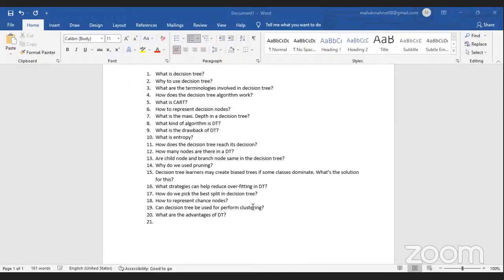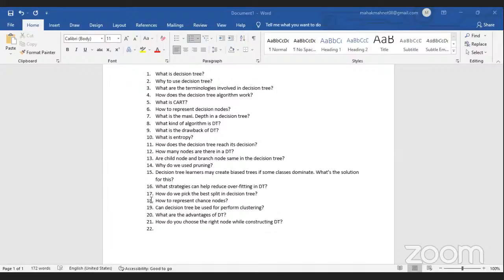So now here comes the main question: how do you choose the right node while constructing a decision tree? Because all your output, all your values depend on this only.